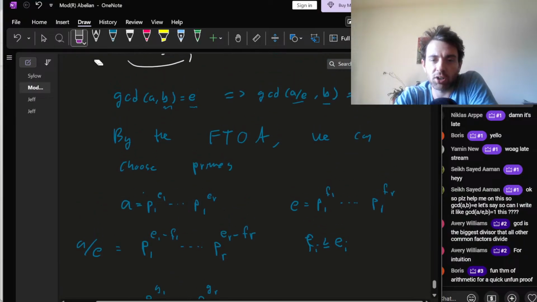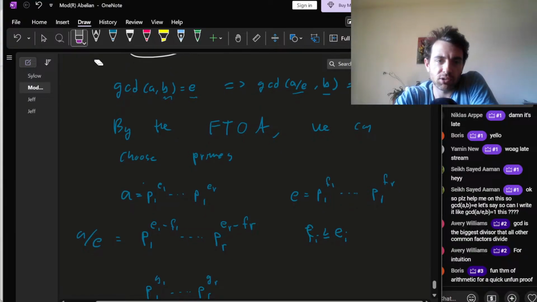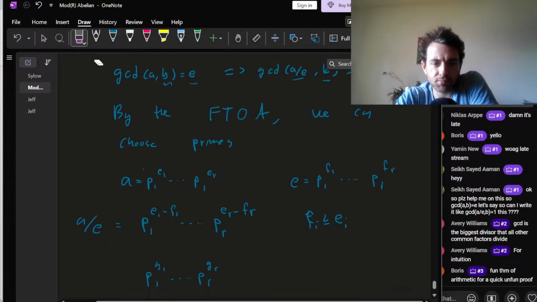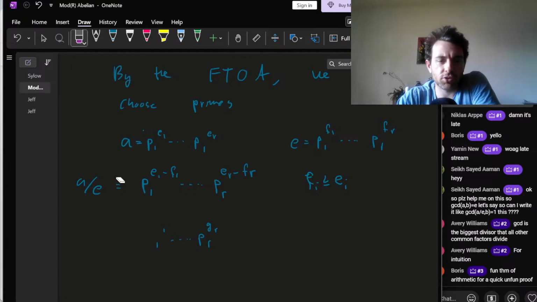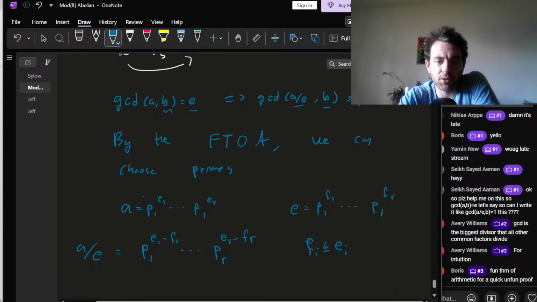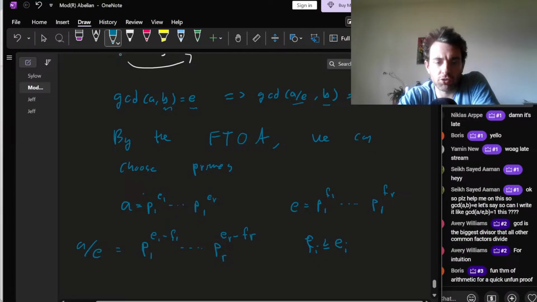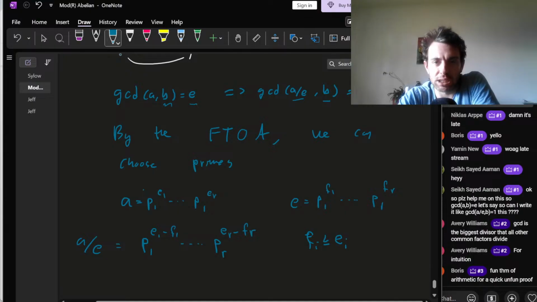I keep changing my mind halfway through about the best way to go about things. But anyways, the idea is, so suppose, sorry, I got myself turned around. Where are we here? Right. So we have A over E. So we suppose we have a common divisor of A over E and of B.